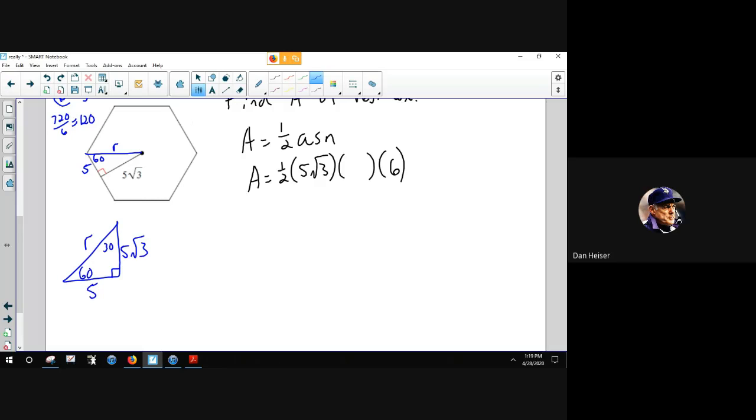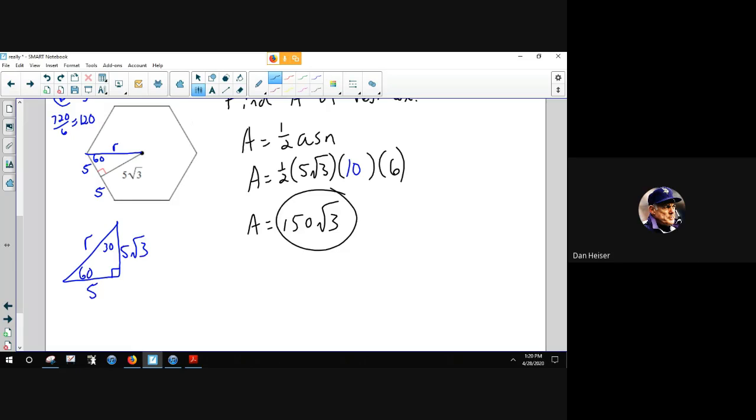I don't need r, I need this value right here. And if that value is 5, that value is 5, and now I know that s is 10, and I can compute the area just like we did before.